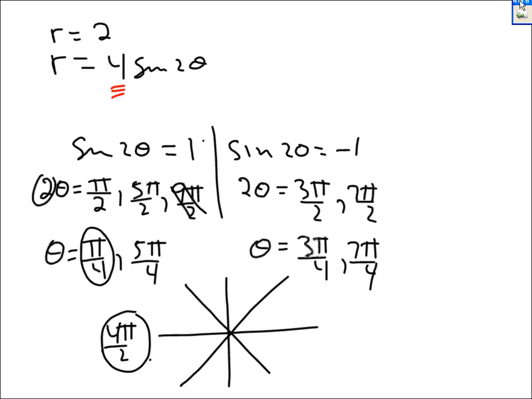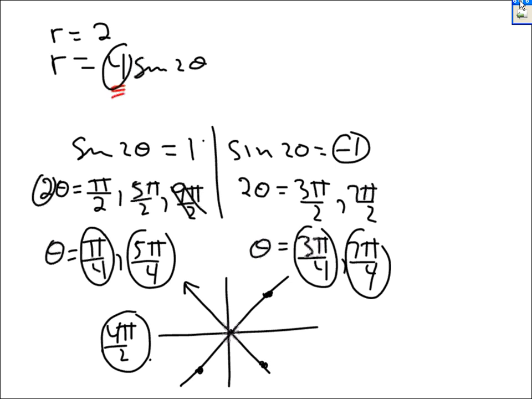So at pi over 4, you go out to 4. You go out here. And at 5 pi over 4, you go out to 4. At 3 pi over 4, which is along here, you go negative 4, which brings you here. And 7 pi over 4, believe it or not, is along this one. But you have to go back negative 4, which brings you there.